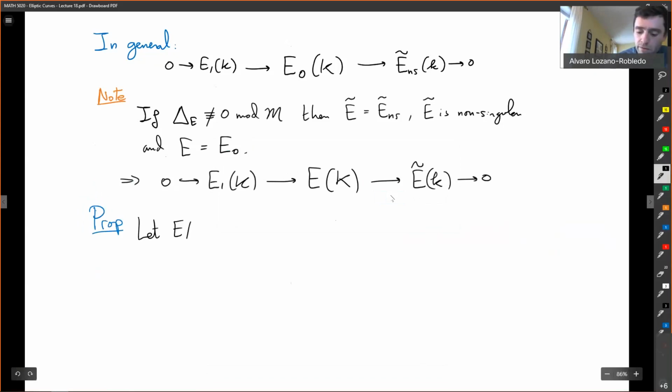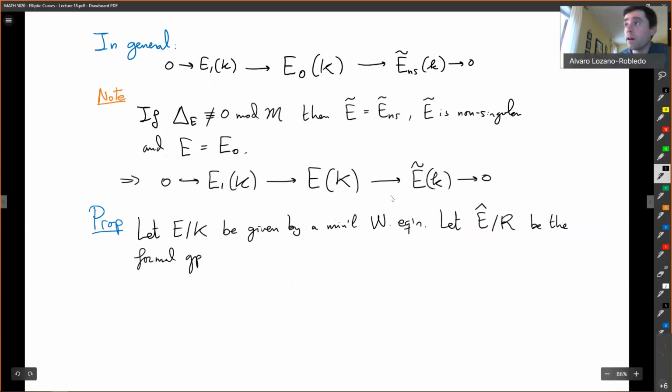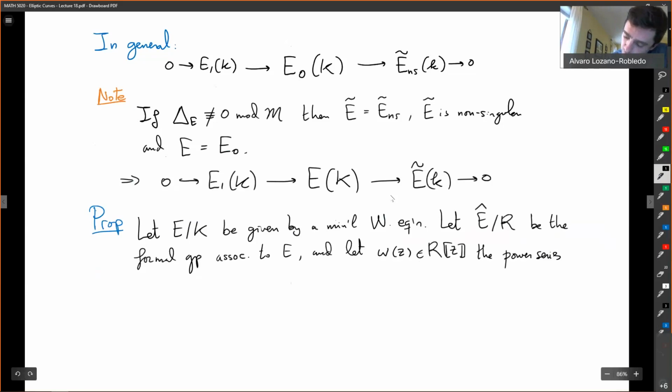E over K be given by a minimal Weierstrass equation, and let E-hat be the formal group associated to E, and let w(z) be the power series of chapter 4.